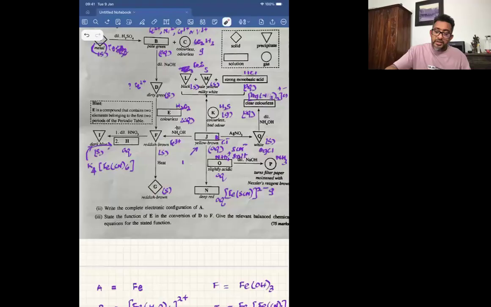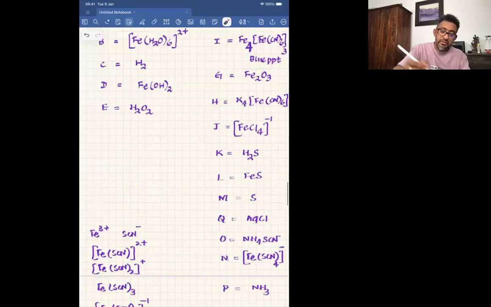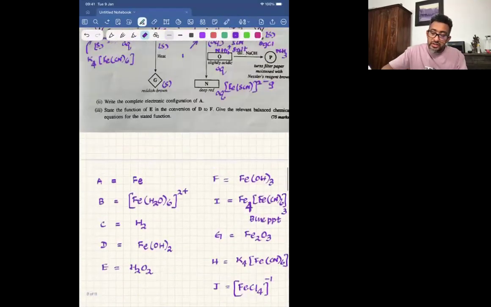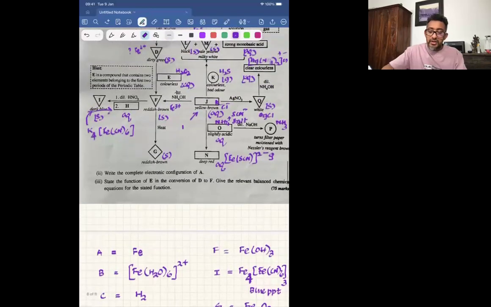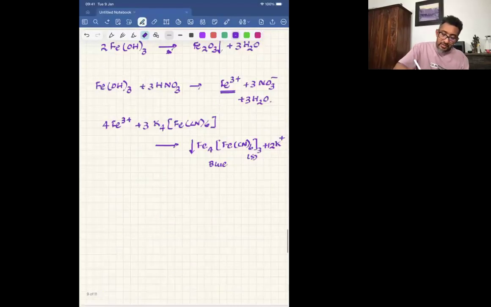Now we will look at this yellowish brown color solution. Yellowish brown color solution, colorless bad odor, ammonium hydroxide, silver nitrate. You can take that J as ferric chloride also, because it's a solution. It doesn't say a precipitate.